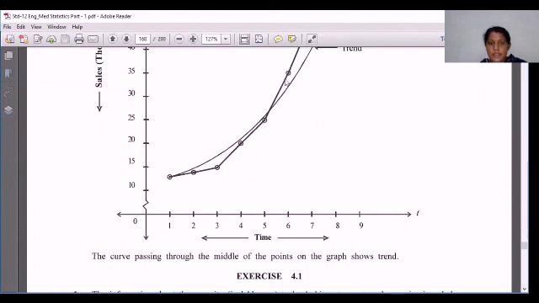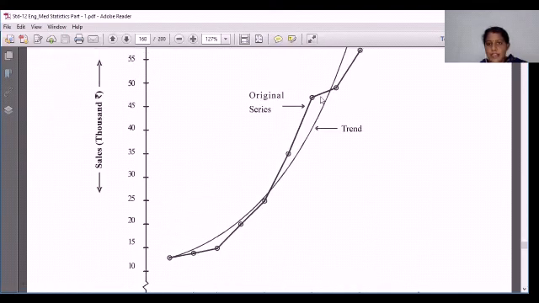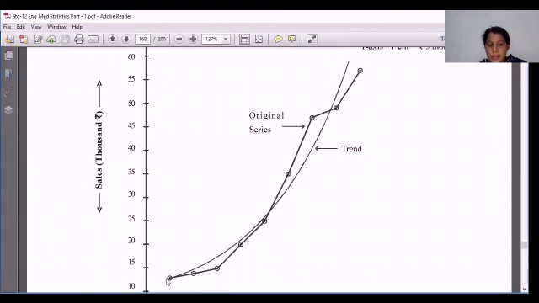And like this all the numbers we have plotted, and see we have joined the points like this, so the joined line is called the original series. And the line I told you, this trend line you have to draw, that is called the trend line, that should cover almost all the points.